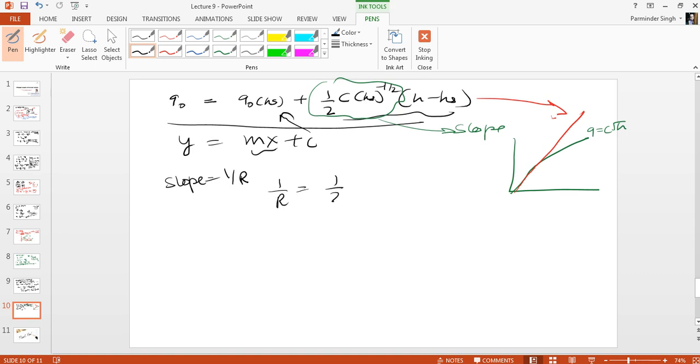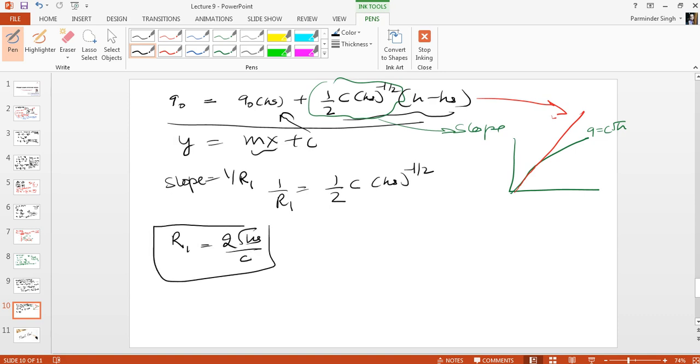Let's say 1 by r1 is equal to 1 by 2 c hs raised to power minus half. So what will be r1? r1 is nothing but 2 under root of hs by c. So this equation approximately becomes q naught s plus h minus hs by r1.